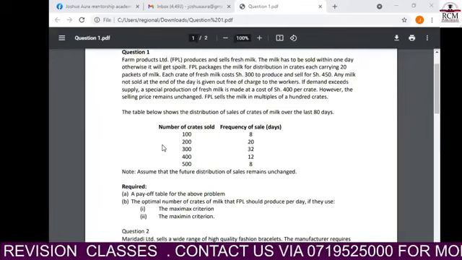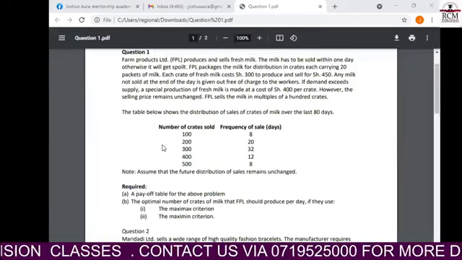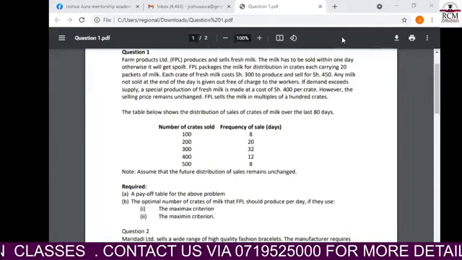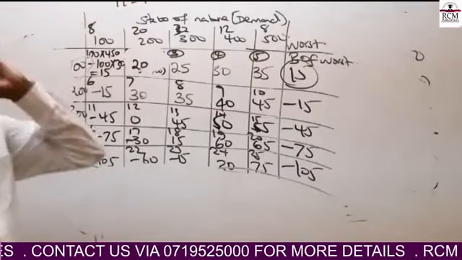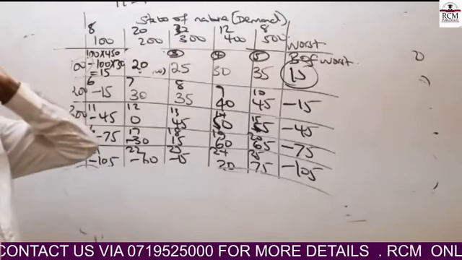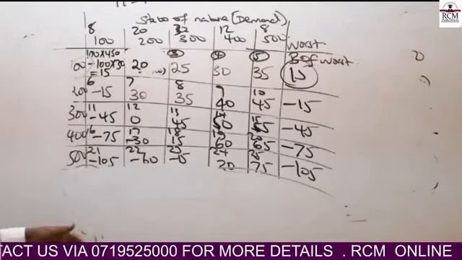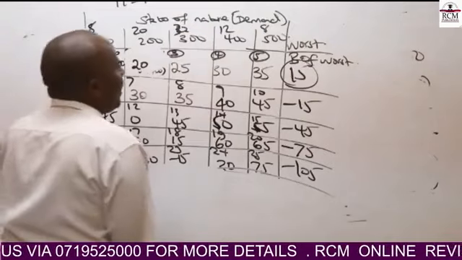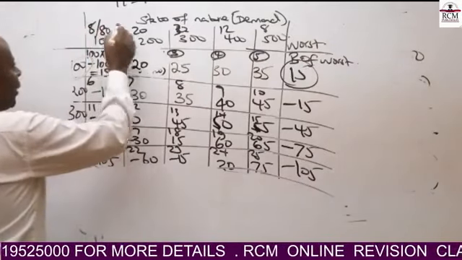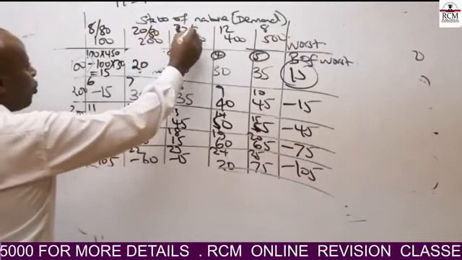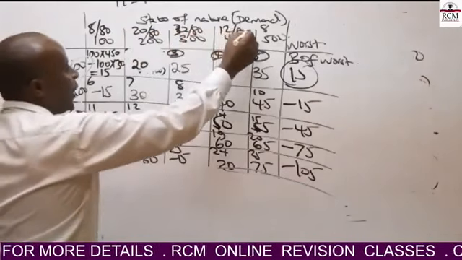So can somebody give me the total frequency? We normally use frequencies to get probabilities. Add the frequency of sales, divide each frequency by 80. So the total is 80. Then I'll talk of 8 over 80, 20 over 80, 32 over 80, 12 over 80, 8 over 80.